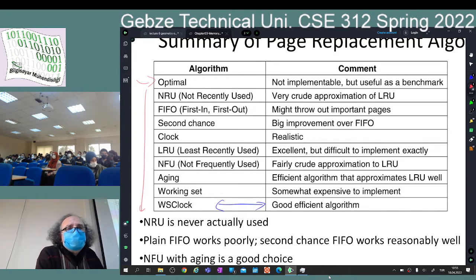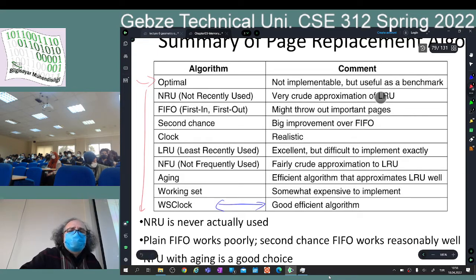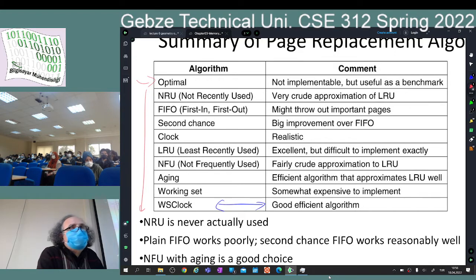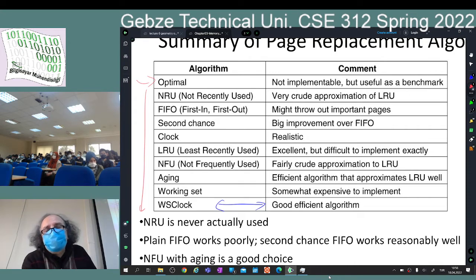It would be nice to know the least recently used. Maybe some pages are used recently, but only for a very minimal amount of time.